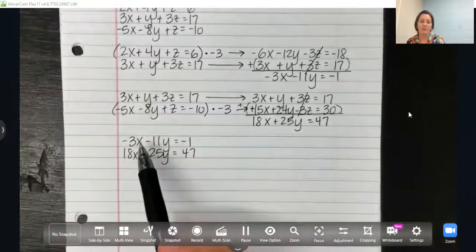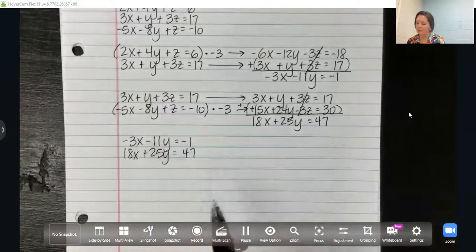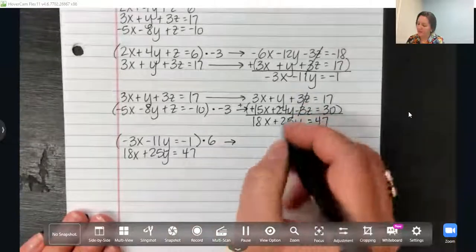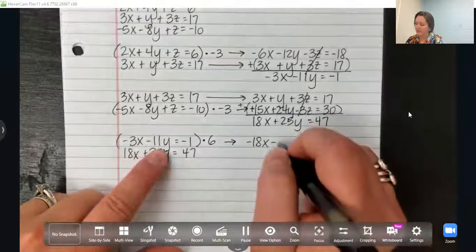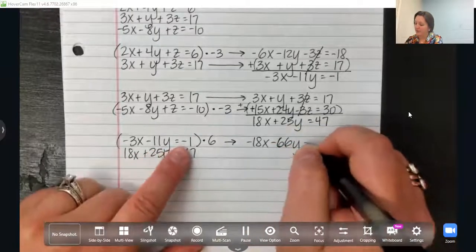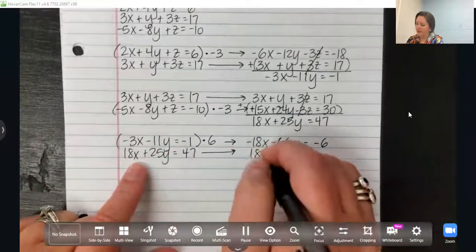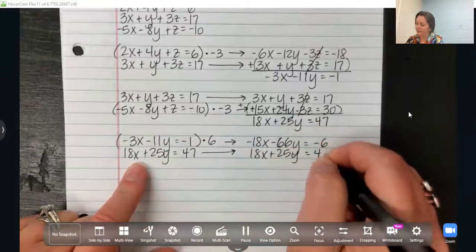Again, I want to see which one can easily be changed to match the other. Well, I could multiply this one by 6, and that would get me a negative 18x, negative 66y, and negative 6. This one we're just going to rewrite: 18x plus 25y equals 47.